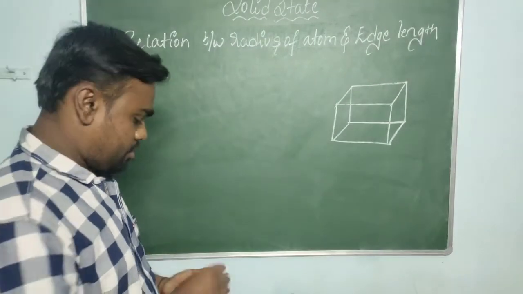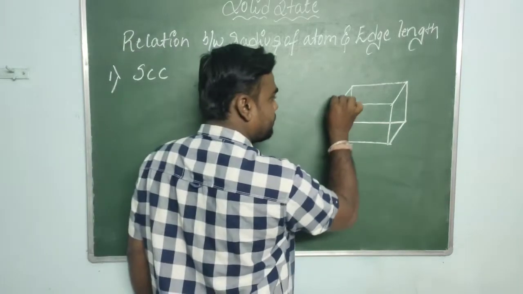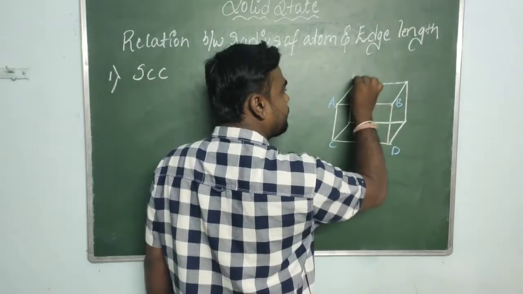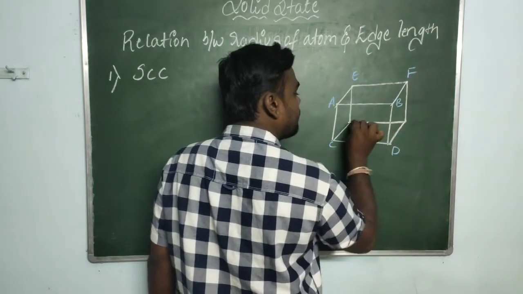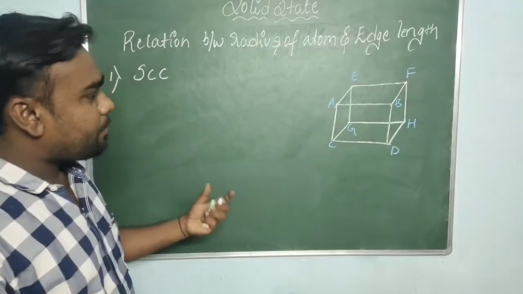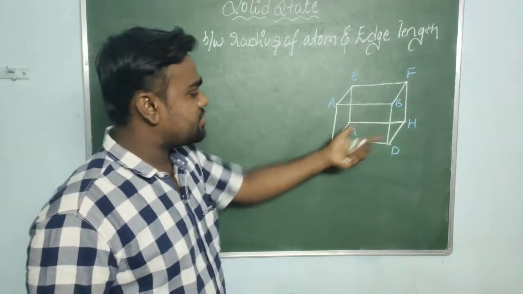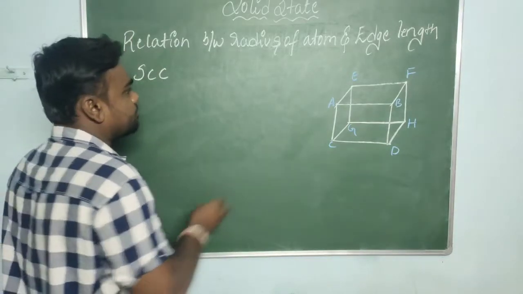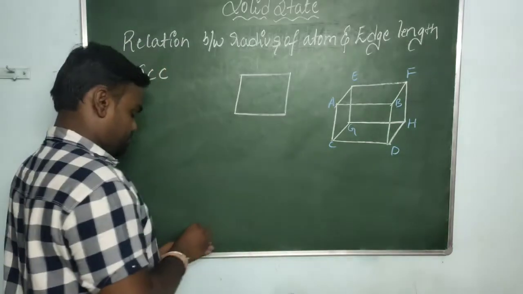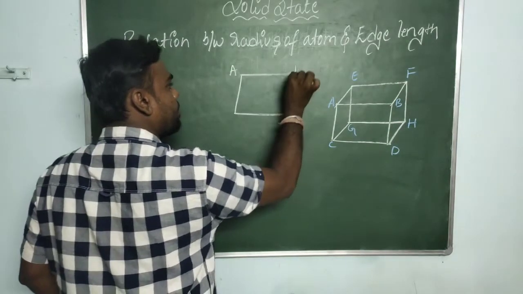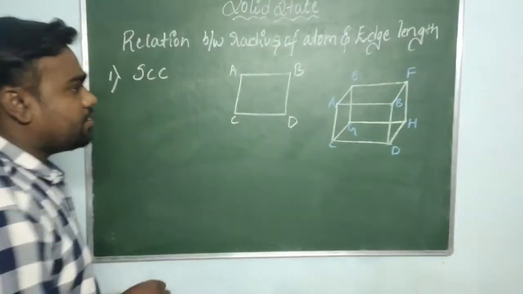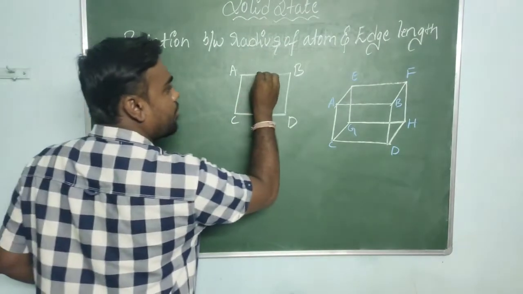In this cube, we name the points A, B, C, D, E, F, G, H. First we take the plane ABCD. In this plane, the atoms are occupied.